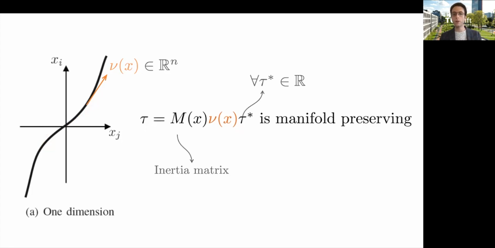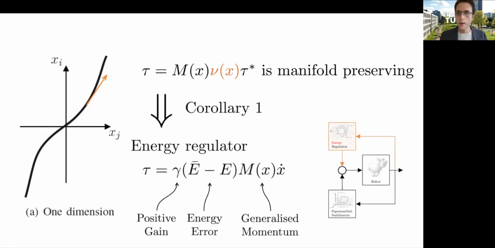So we can exploit this fact to create some closed loop energy regulations. And the nice thing here is that this energy regulation does not explicitly include this nu. The trick that we use is that the derivative is always a scaled version of this nu.